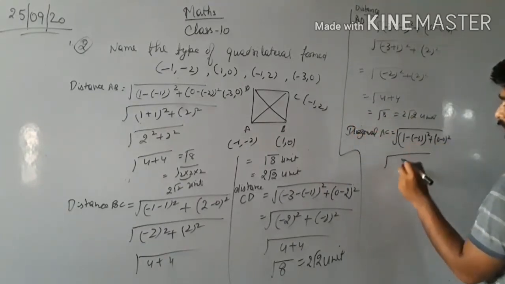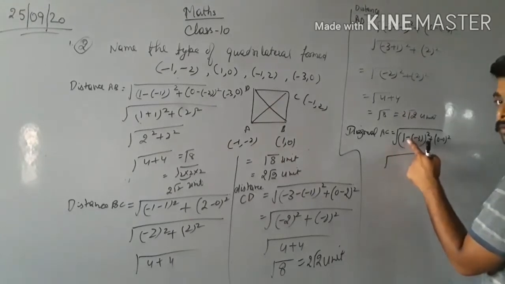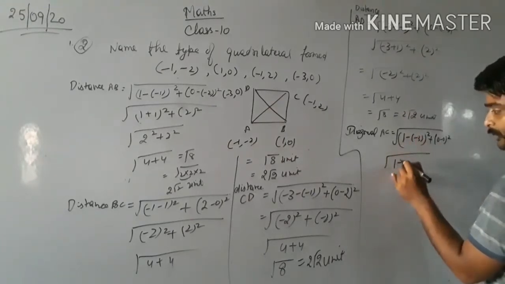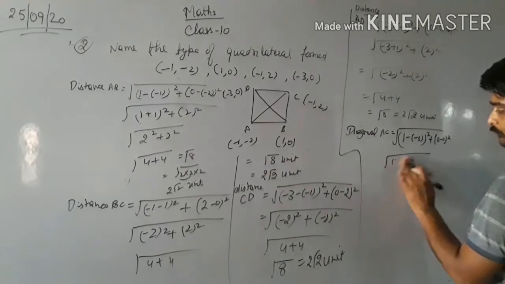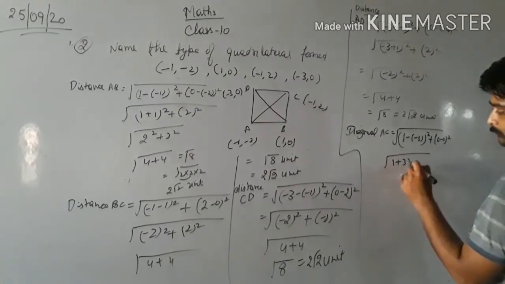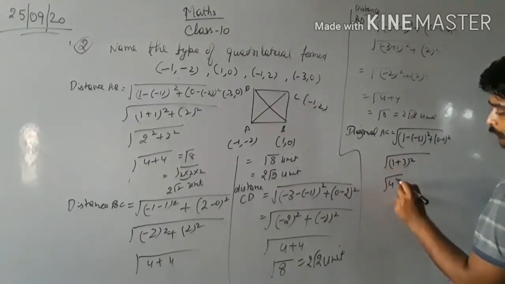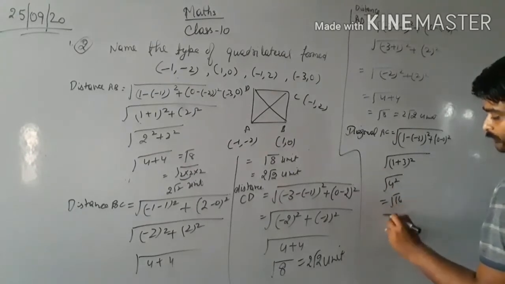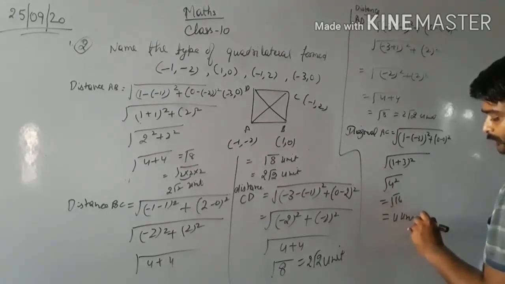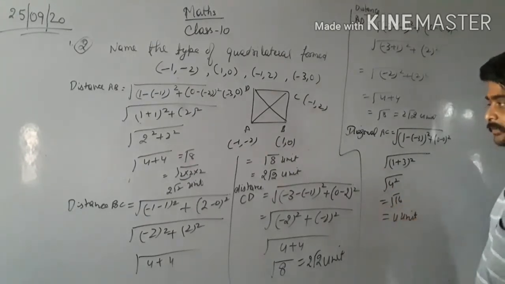So it is -1 minus minus is plus, 1 plus 3 whole square. It's root of 16, so it is written as 4 unit. Is there any doubt till here, class?